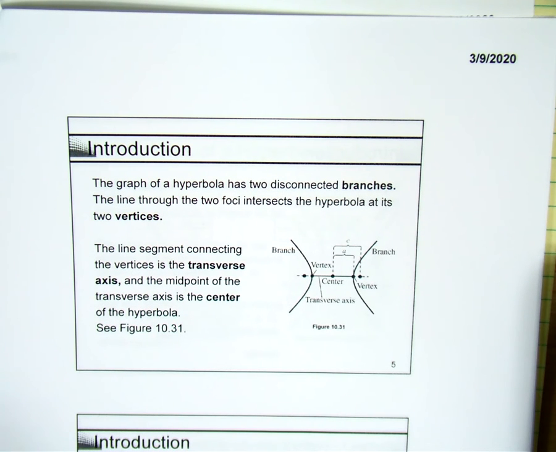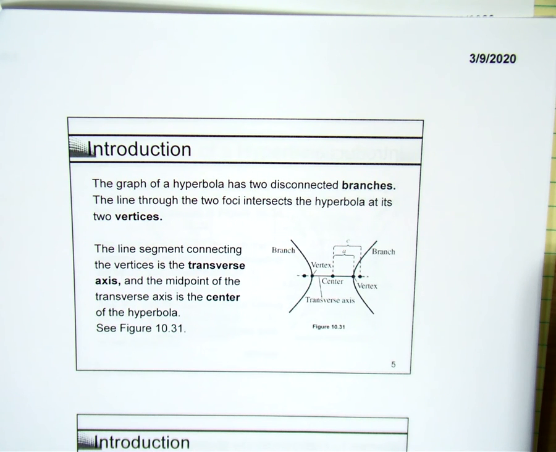Okay, the graph of a hyperbola has two disconnected branches. The line through the two foci intersects the hyperbola at its two vertices. The line segment connecting the vertices is the transverse axis, and the midpoint of the transverse axis is the center. So you can see all the details there, your A distance, your C distance.